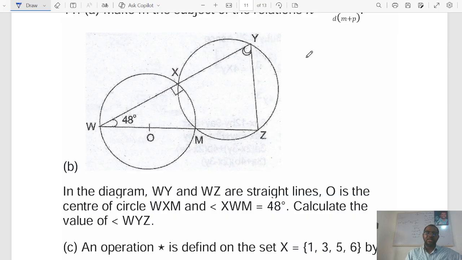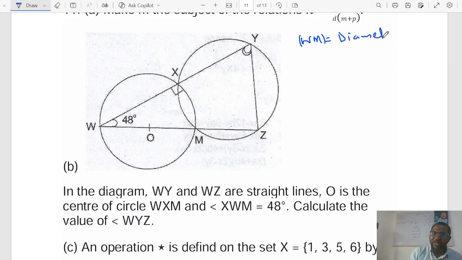I want to say that this is quite easy, but you have to be careful. Whenever you see a circle geometry question, look out for the properties. Now, first of all, this is the center of the circle, and any line passing through the center of the circle is definitely the diameter. So I can say that WM is the diameter.